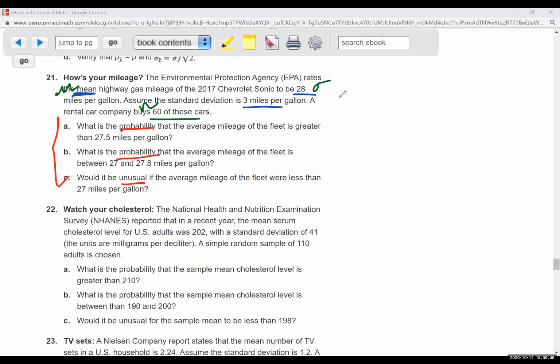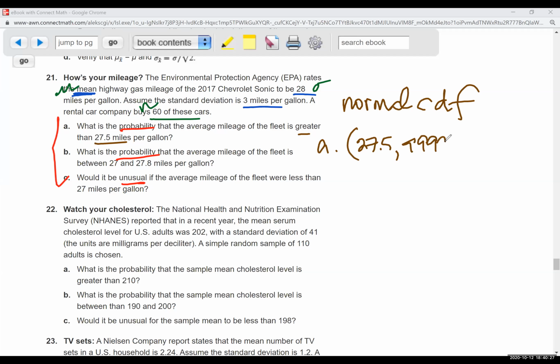So everything is solving for probabilities, so everything is normal CDF. For letter A, normal CDF greater than 27.5. What is 27.5? Is it lower or upper? It's lower. So 27.5, and upper is, let's say, 9999.